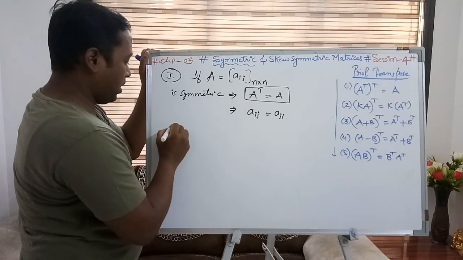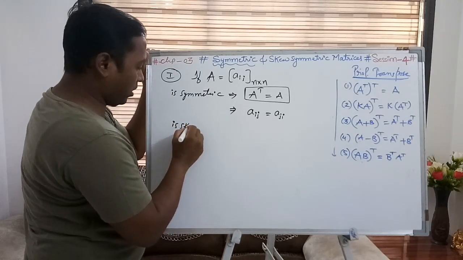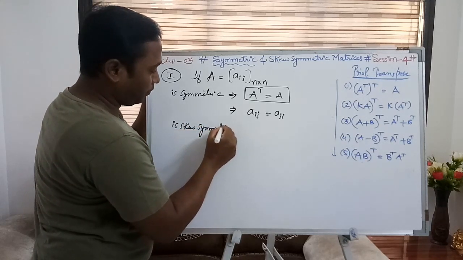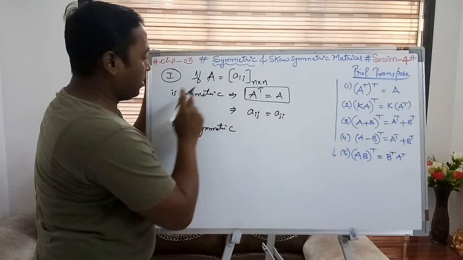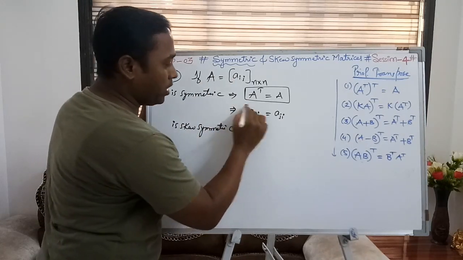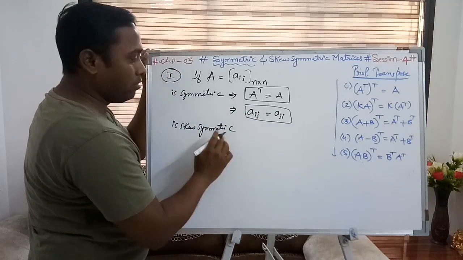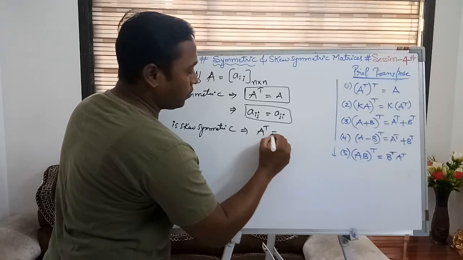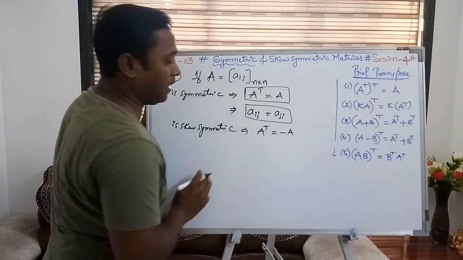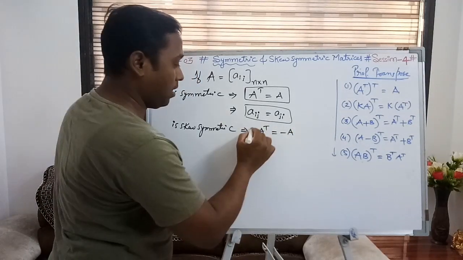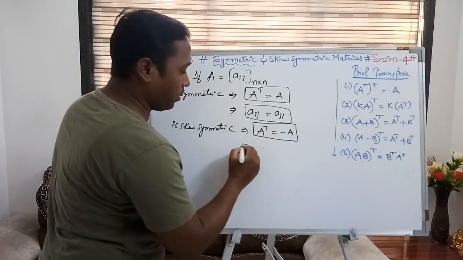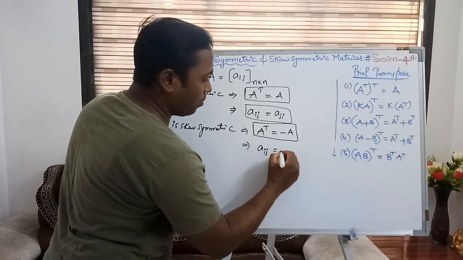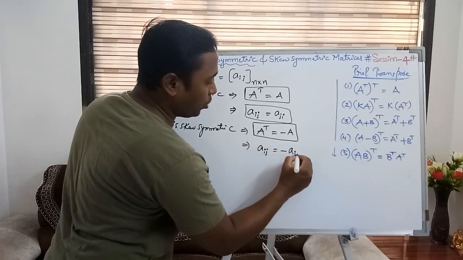And if a matrix A is skew symmetric, it says that the transpose of this matrix will be equal to minus A as well, and Aij is also equal to minus Aji.